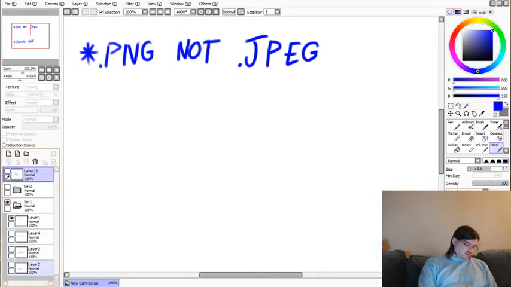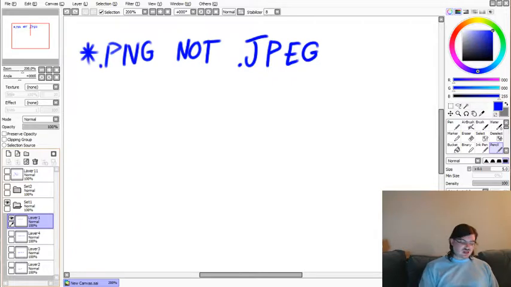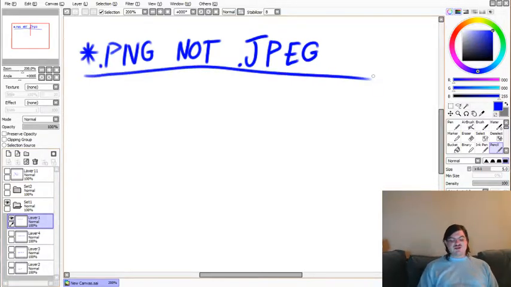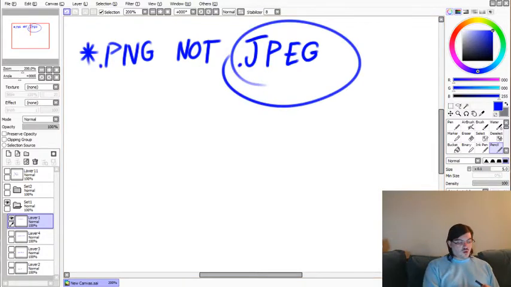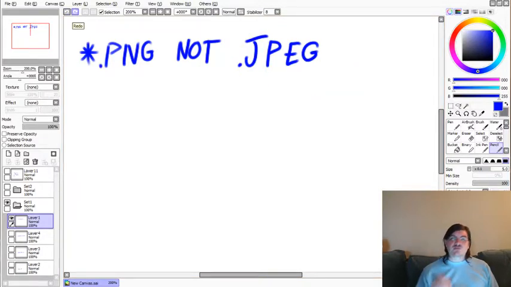So, first and most important point of a reference sheet is that it be PNG. And I cannot stress this enough. When you are an artist and you finish up your reference sheet for a character, you do not want to save it as JPEG. Why do you not want to save it as JPEG? Well, because JPEG creates all these fuzzy artifacts on the picture.